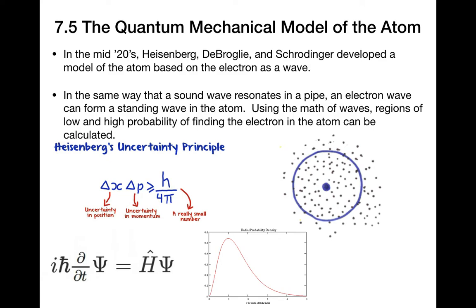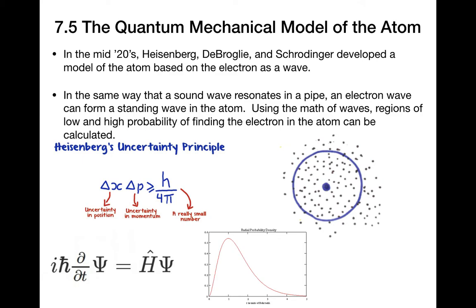So if you think about how sound waves resonate in a pipe, in a similar way, electron waves can form standing waves or resonating waves in an atom. And by doing the mathematics of waves, you can actually calculate the regions of the atom that will have low and high probability of finding the electron at those positions. And so it becomes a mathematical model.